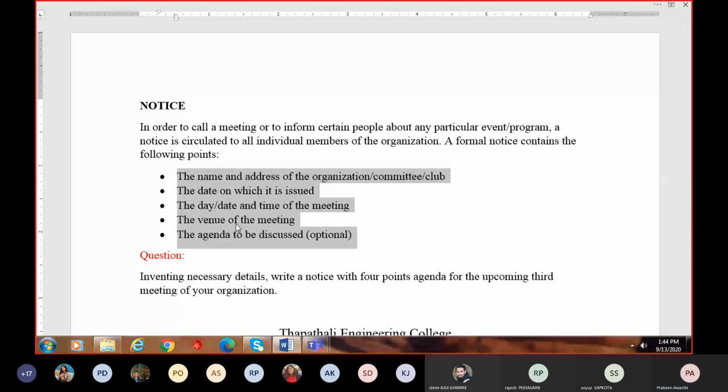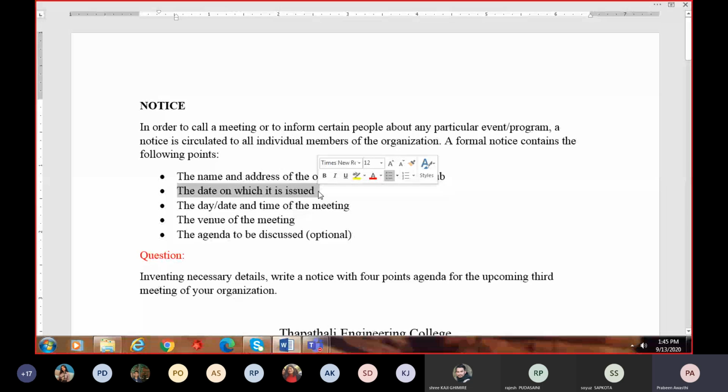Otherwise, you write the name and address of the organization, whether that is a committee, company, or club. Then after that, write down the date on which the notice is issued. That date must be there.